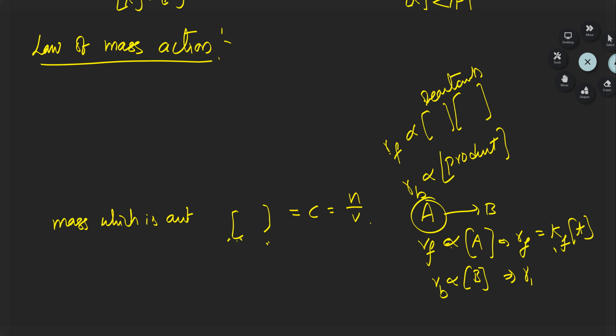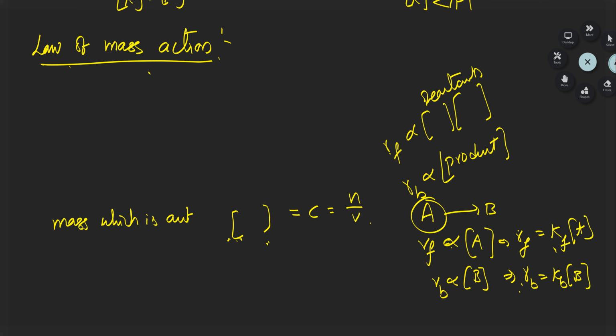RB is equal to Kb into the concentration of B, where Kb is the constant of the backward reaction. At equilibrium, both are equal.